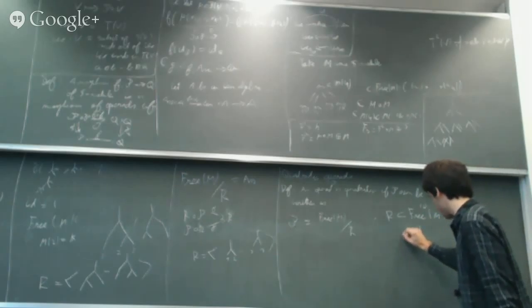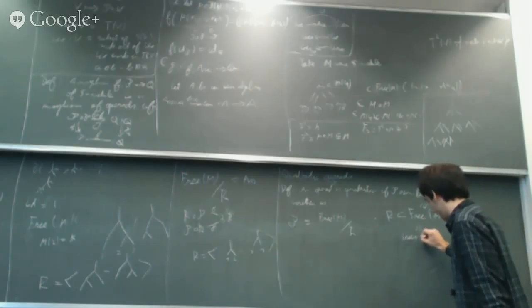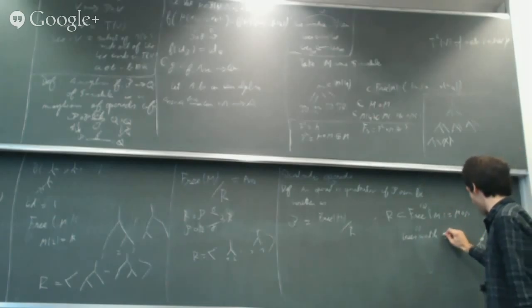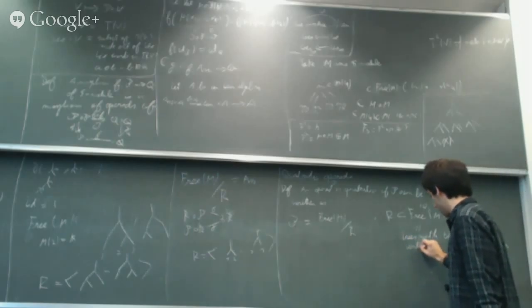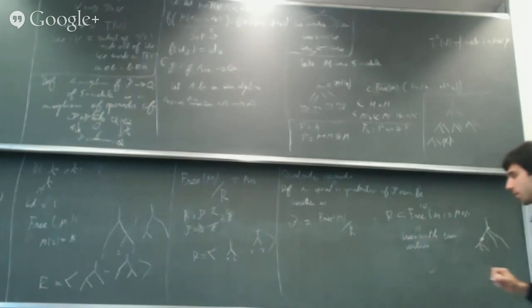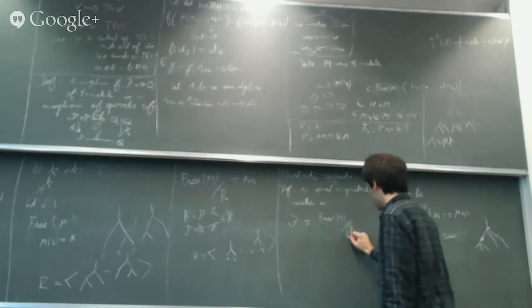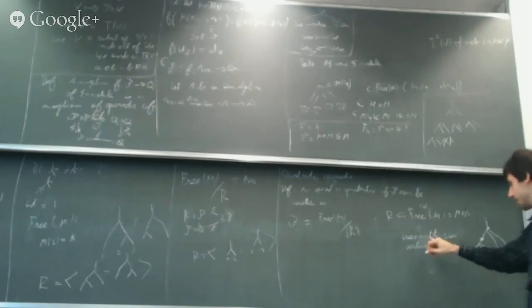So trees with two vertices. You mean the generator of the ideal, not the whole ideal. Yes, so it's an ideal generated by trees with two vertices.